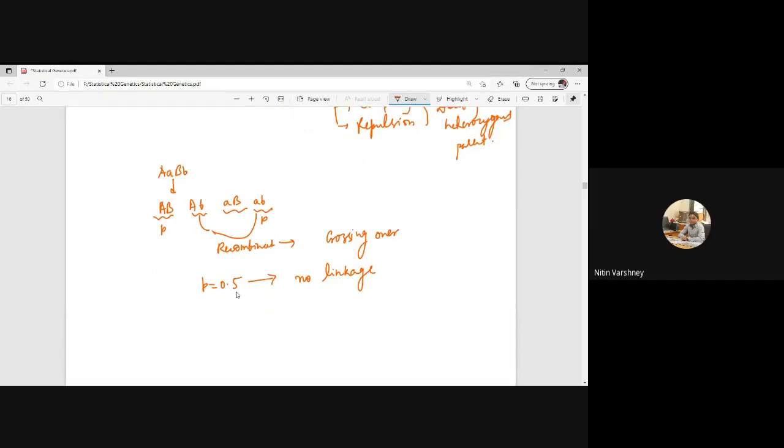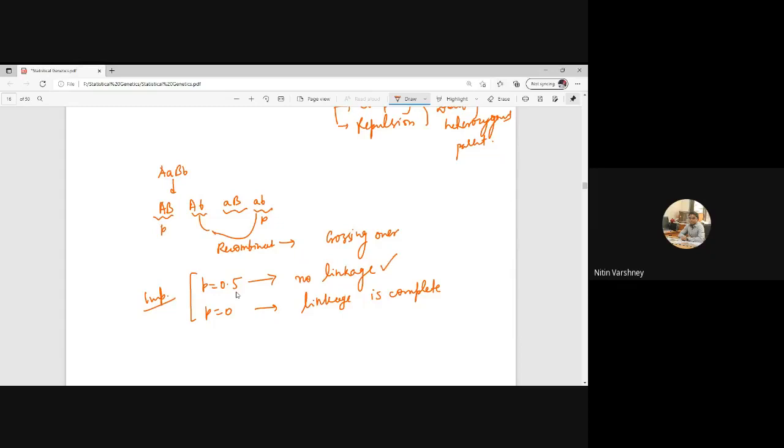But when the linkage is complete, if P is equal to 0, we can say that linkage is complete. There is no crossing over. So these are two important cases: P is equal to 0.5 means there is no linkage.